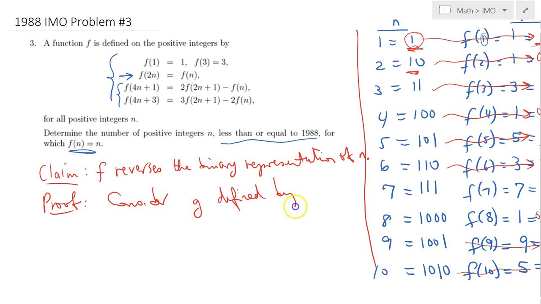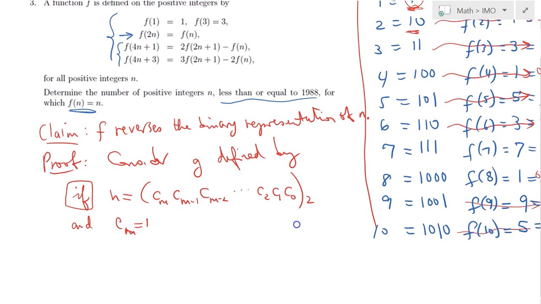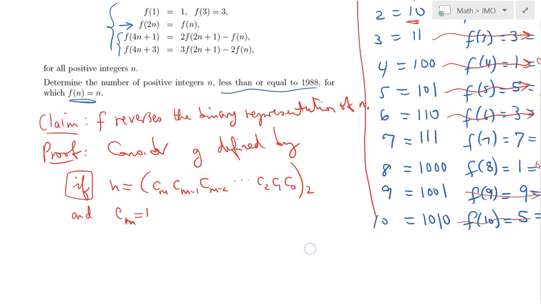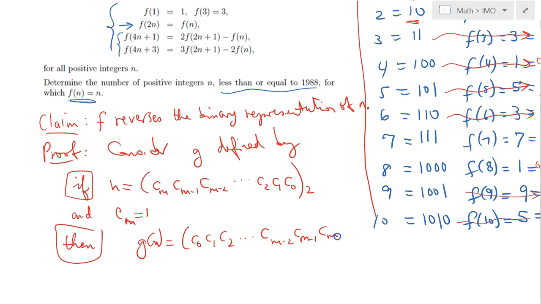If n is equal to C_m, C_{m-1}, C_{m-2}, ..., C_2, C_1, C_0 in binary representation, in base 2, and C_m is 1 because the leading coefficient has to be 1, then g of n is equal to C_0, C_1, C_2, ..., C_{m-2}, C_{m-1}, C_m in base 2, and obviously the possibility for leading zeros is on the table as well.